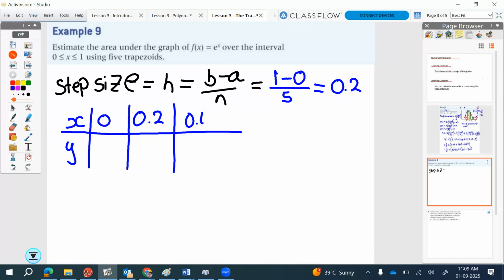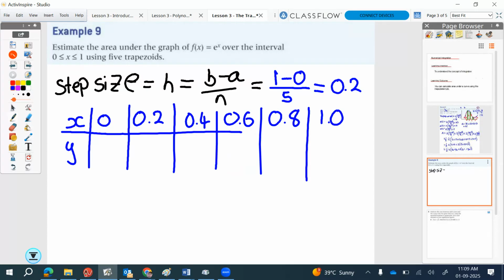The next one? 0.6. The next one? 0.8. The last one? 1.0. How many x values do we have here? 6.